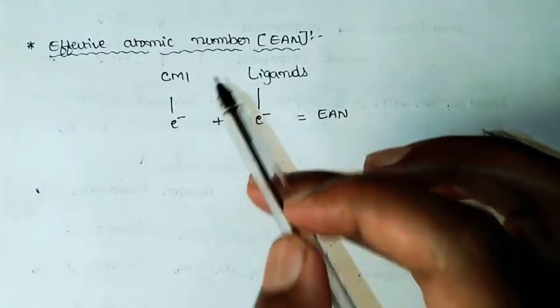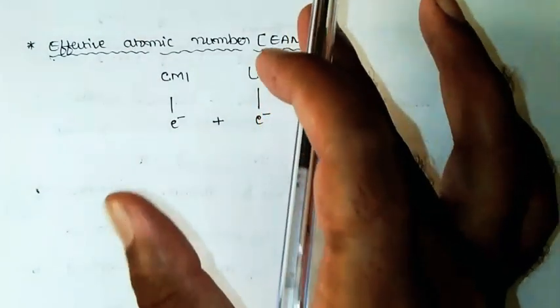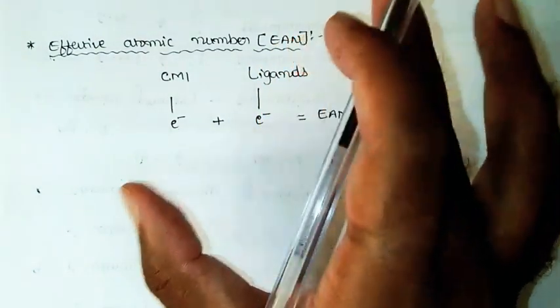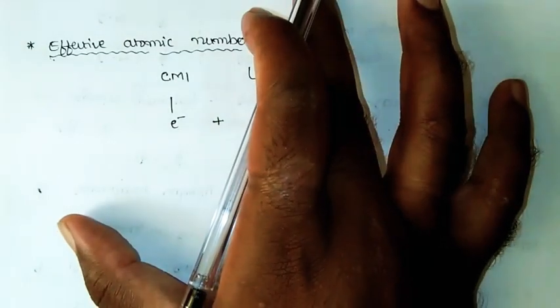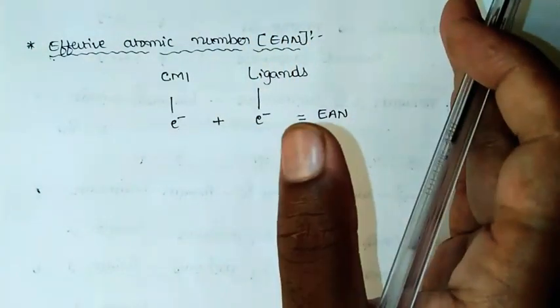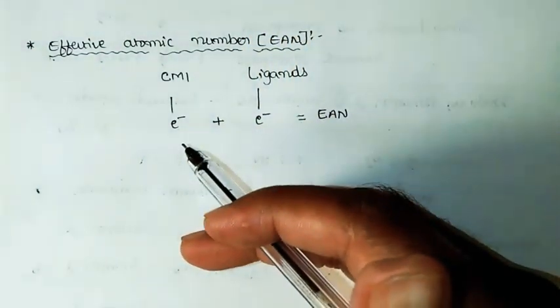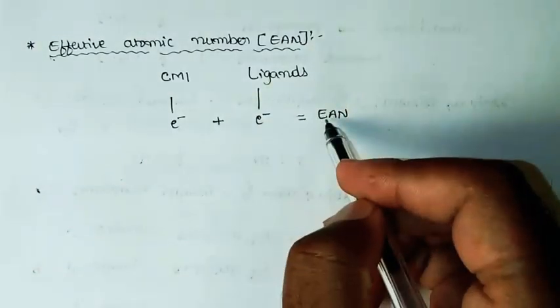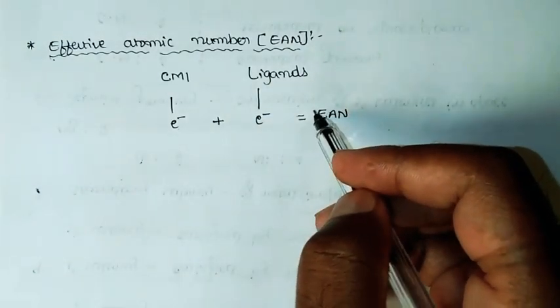That means the total number of electrons possessed by a central metal ion, including its valence electrons and the electrons gained from the surrounding ligands, is called the effective atomic number.